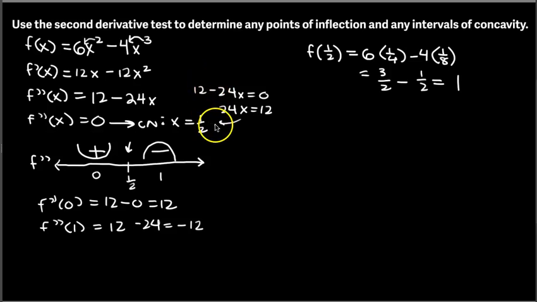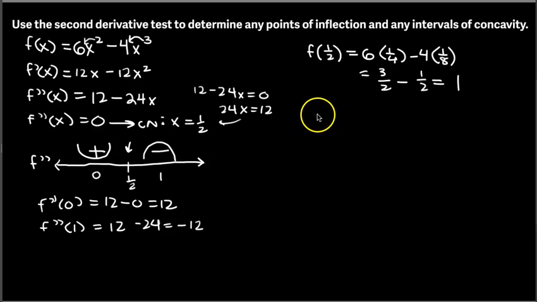And just think for a moment why this makes sense. This makes sense because when we look at f double prime of x, it changes from positive to negative, which means that the graph of f of x goes from concave up to concave down. And by the definition of a point of inflection, there must be one here because it changes concavity. So now we can get our final answer.